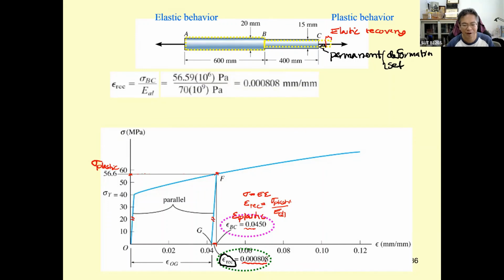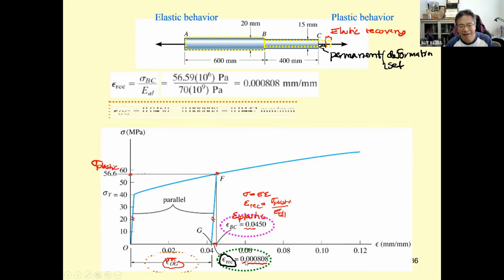0.0080. And then this is going to be the strain at the permanent, so we have to subtract the pink by the green. Then you get the strain OG, which we may call the strain permanent.